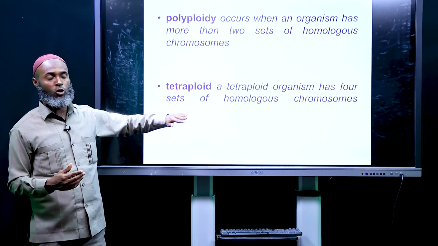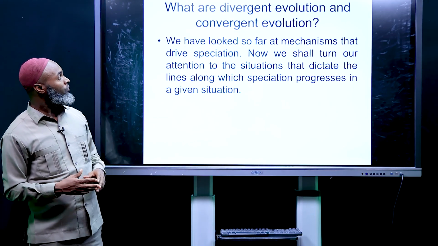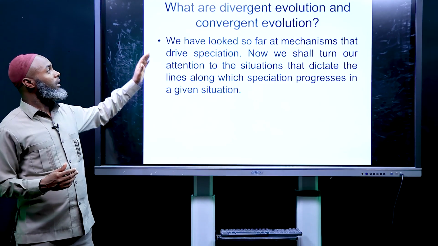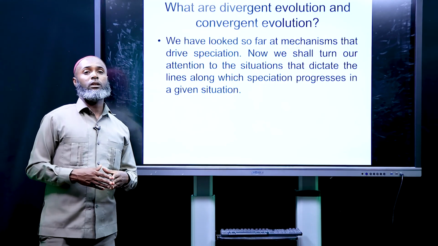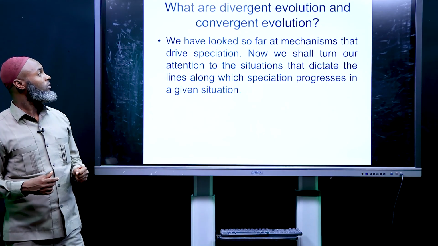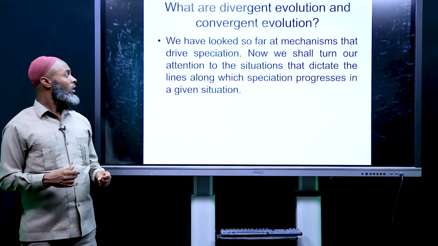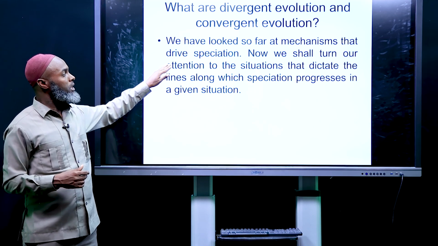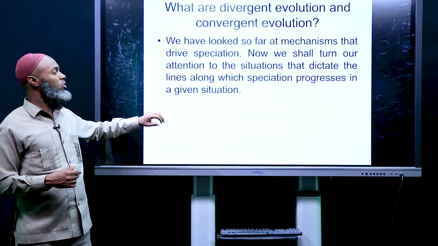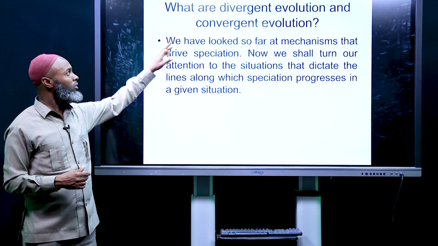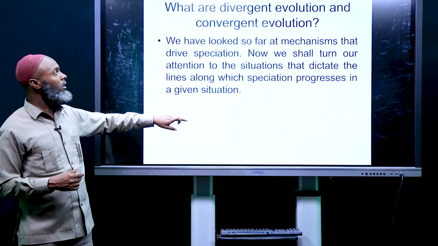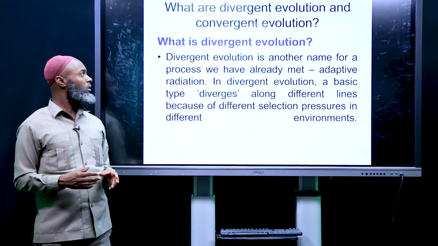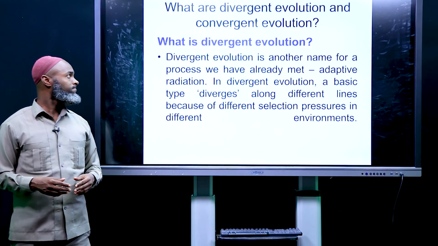Now let's see the difference between divergent evolution and convergent evolution. Now we have seen speciation, and let's see the two types of evolution, divergent and convergent. What is divergent evolution?